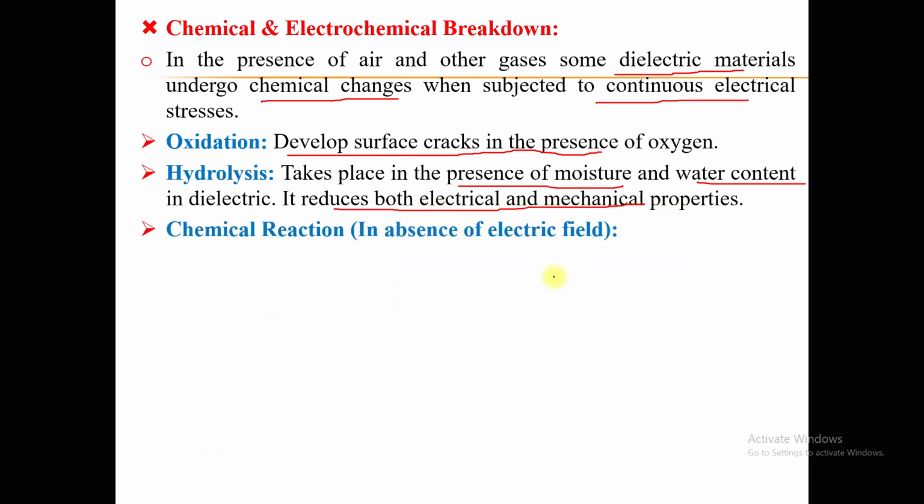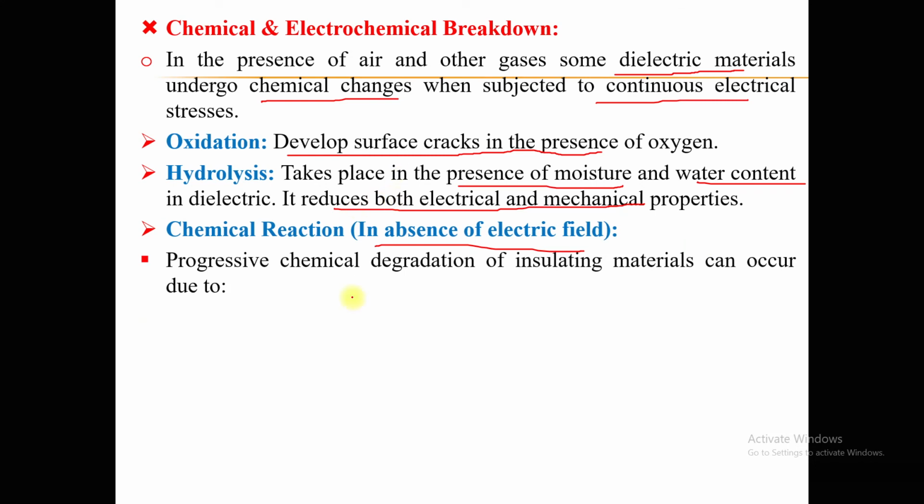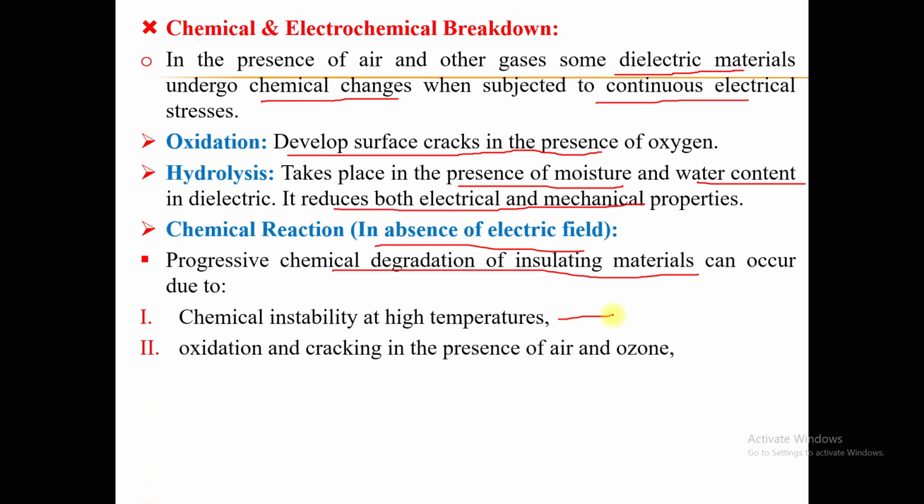Third is chemical reactions in the absence of the electric field. Progressive chemical degradation of insulating material can occur due to chemical instability at high temperatures, oxidation and cracking in the presence of air and ozone gas, and hydrolysis due to moisture and heat.